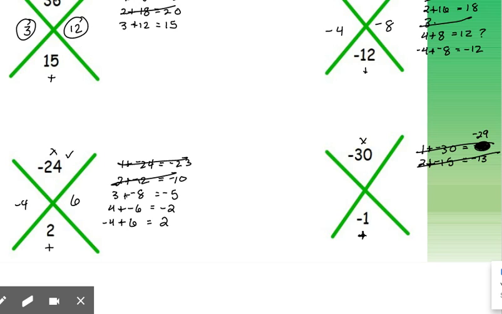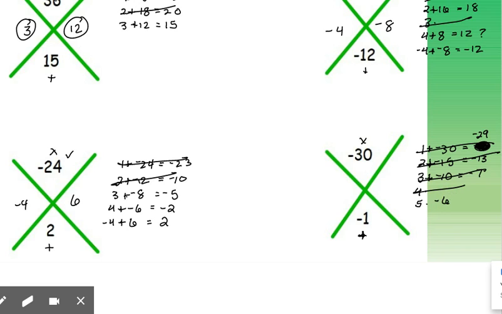All right, moving on. 3. Negative 30 divided by 3 is negative 10. That multiplies to be negative 30, but if I change this to add, that's negative 7. Next one. 4. Negative 30 divided by 4 is a decimal. 5. Negative 30 divided by 5 is negative 6.